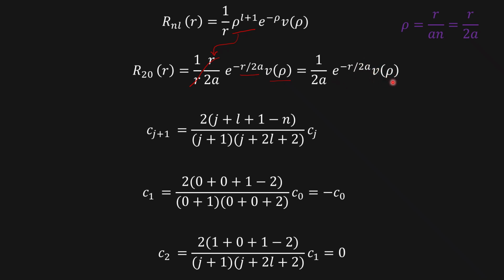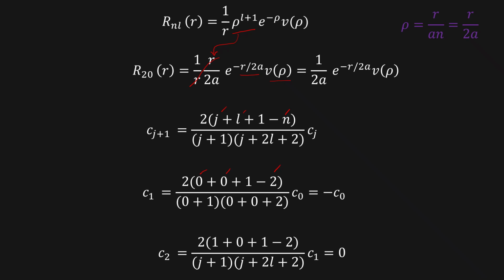Now to find v of rho, as usual, we need this coefficient, j plus 1. Here C1, because j equal to 0, 0 plus 1 is 1. C1 is equal to, here j is equal to 0 and l also equal to 0, and plus 1. Here n is 2, so this will become minus 2. So 1 minus 2 is minus 1.